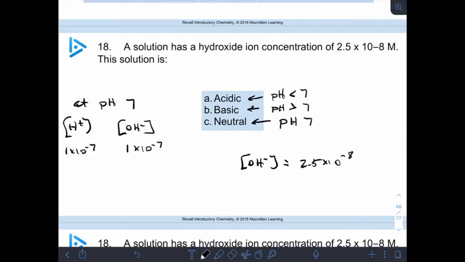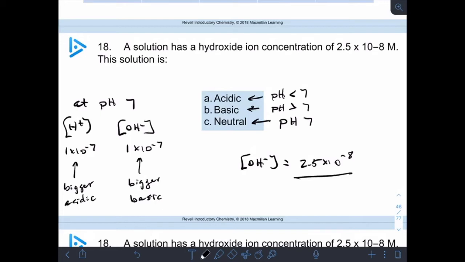Whichever one is bigger wins. If my H plus is bigger than my OH minus, then it's acidic. And if my OH minus is bigger than 1 times 10 to the minus 7, it's basic.